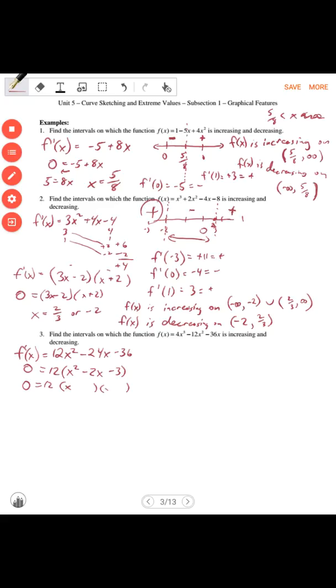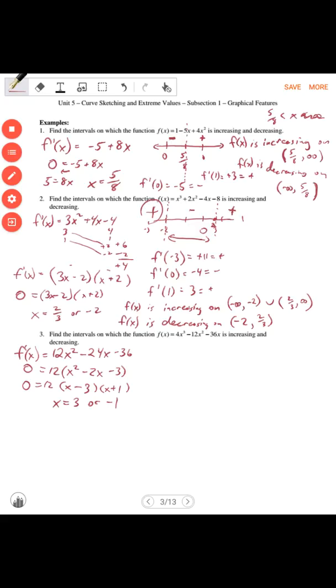Now, I have taught you guys to factor by inspection, but again, whatever method you have, factors of 3 that subtract to 2: 3 and 1, 3 is negative, 1 is positive, so x equals 3 or negative 1. So there's our critical values here.